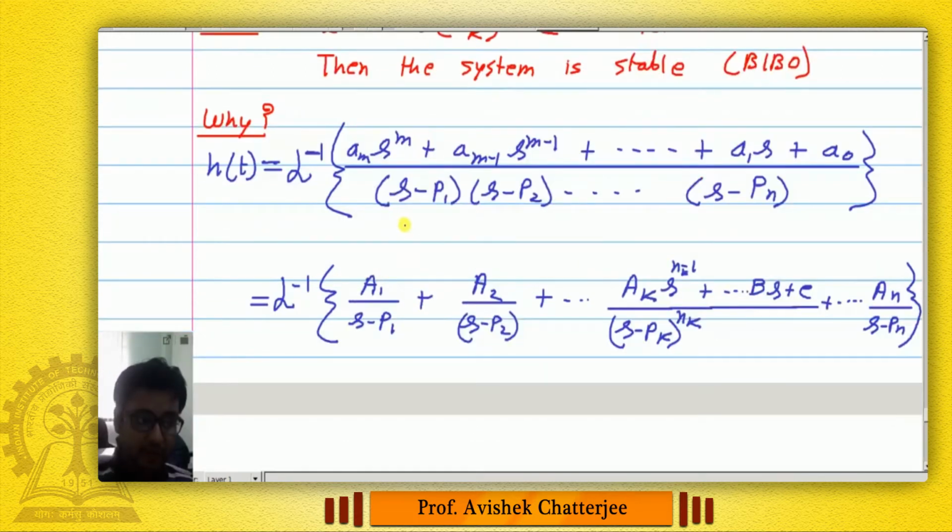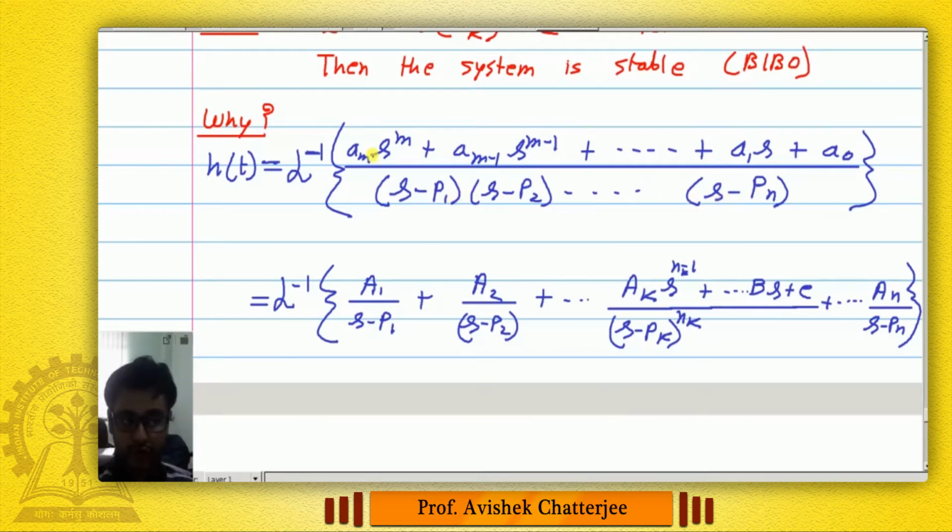Now it is possible to write this ratio of two polynomials using this partial fraction because we have assumed the degree of the numerator to be less than the degree of the denominator.